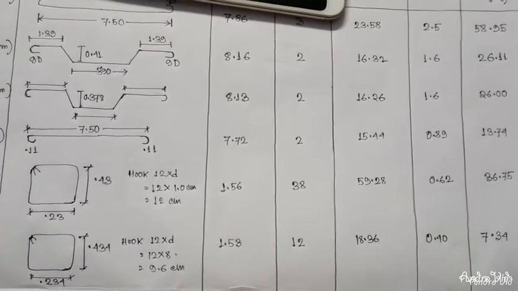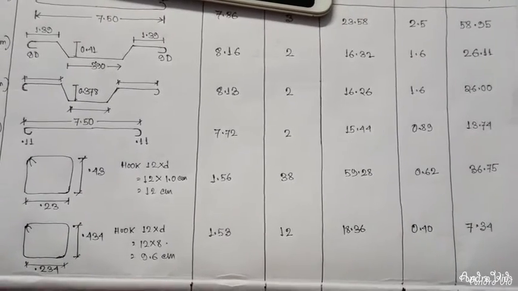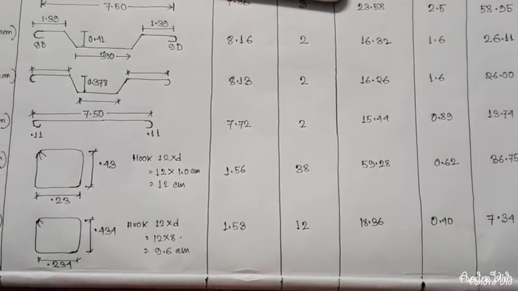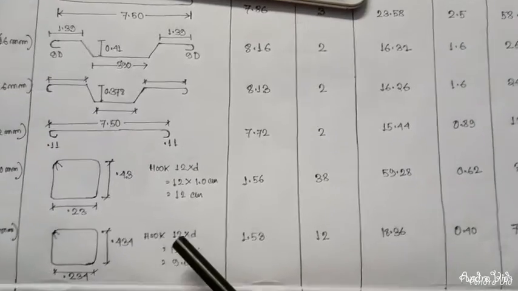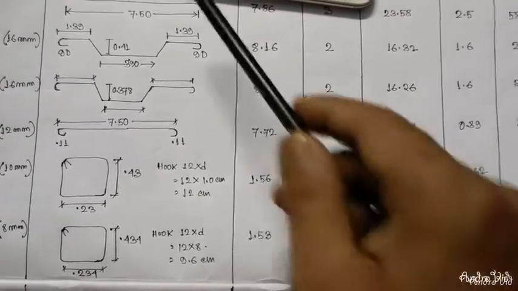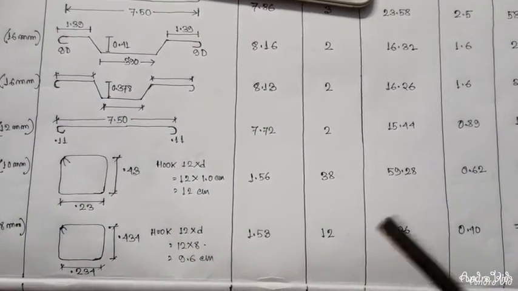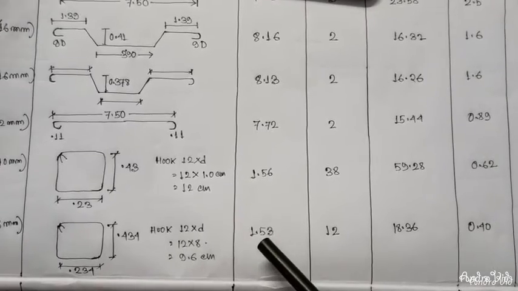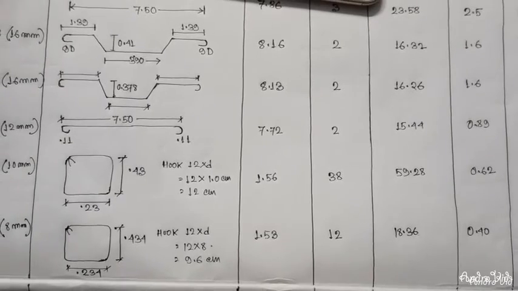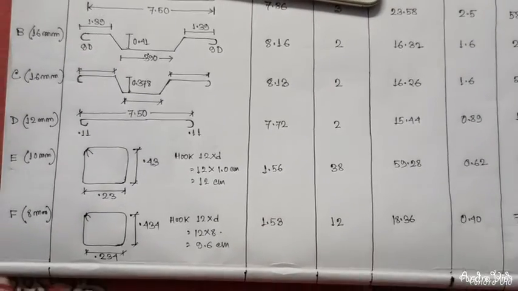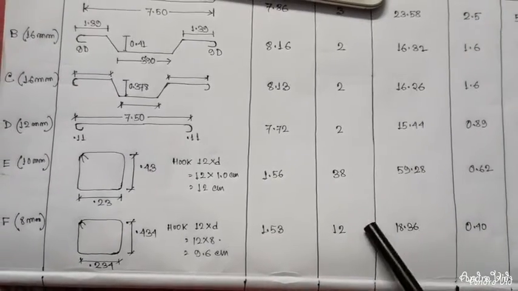Next bar is type F stirrup bar or lateral ties. The dimension is 8 millimeter here. This is the shape, same as this, and these are the dimensions we already calculated in our last video. The length of this single lateral tie is 1.53 meter, and the number of stirrups given in the problem is 12.